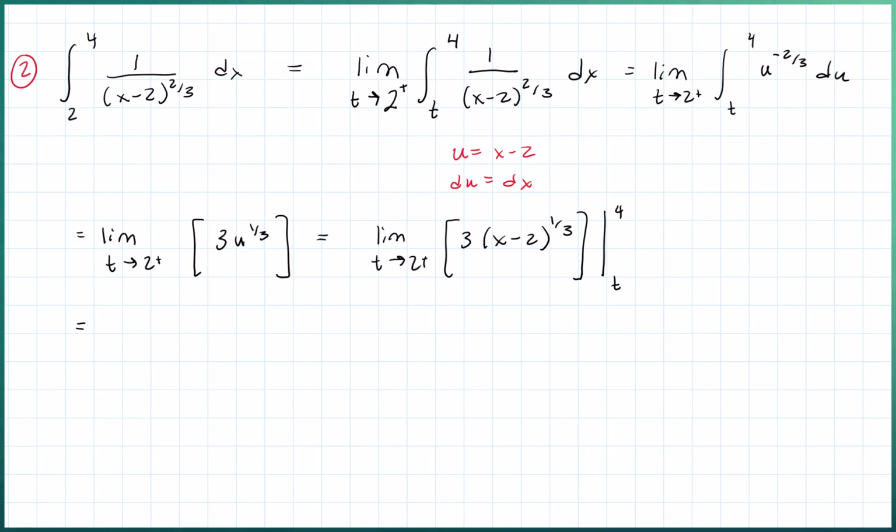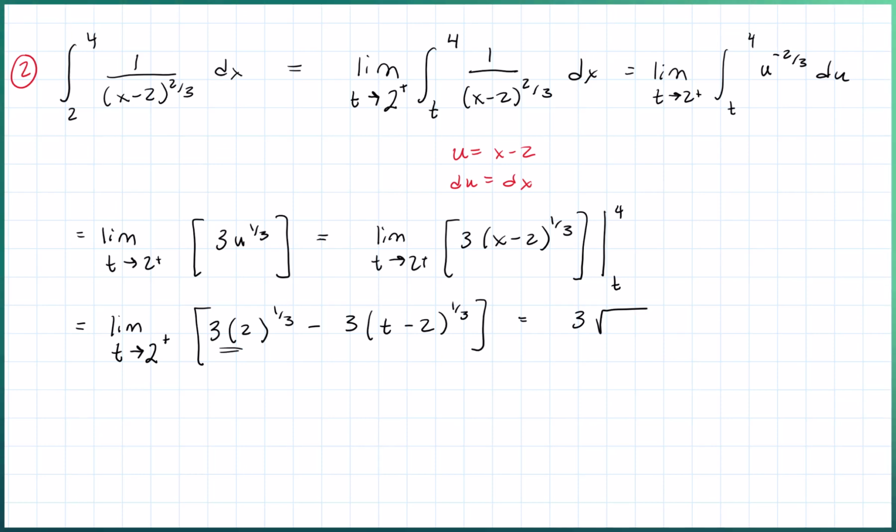That ends up being the limit as t approaches 2 from the right of, now let's plug in our bounds, 3 times 2 to the 1/3 minus 3 times (t minus 2) to the 1/3. As t approaches 2, this first quantity is just a constant, 3 times the cube root of 2, or we could leave it as 3 times 2 to the 1/3.